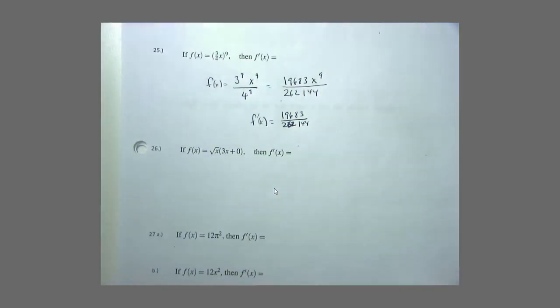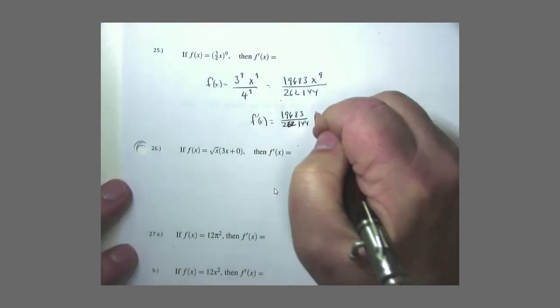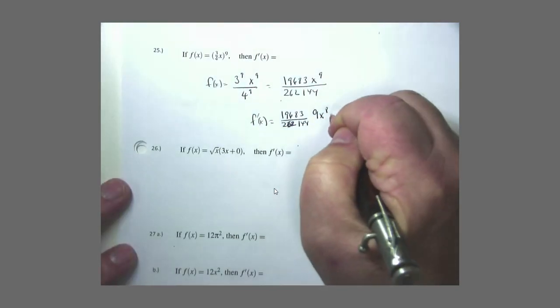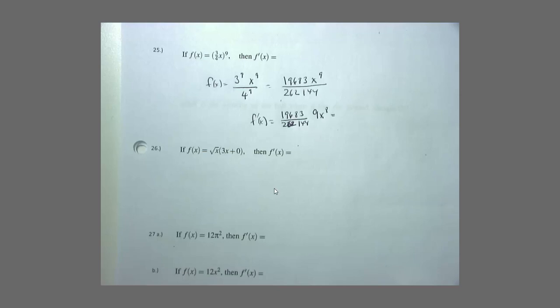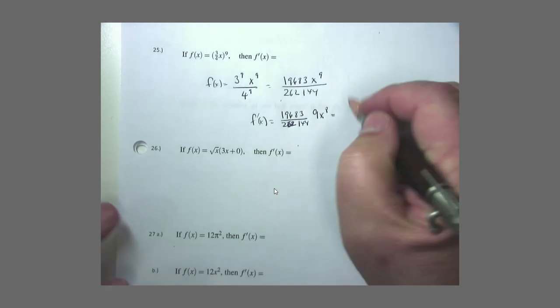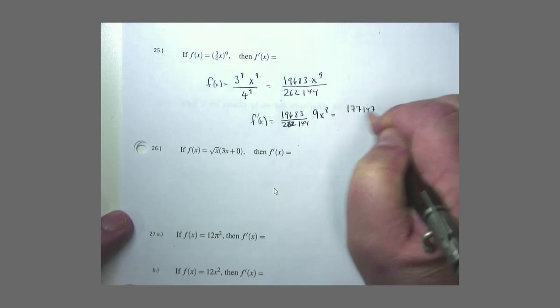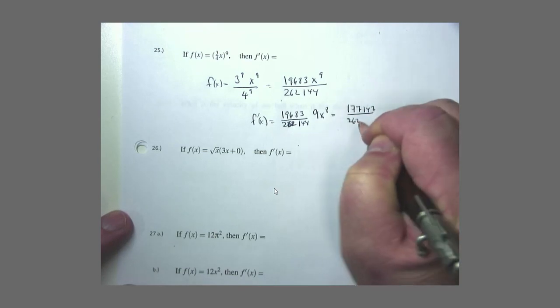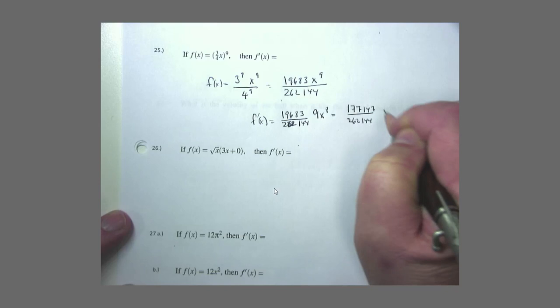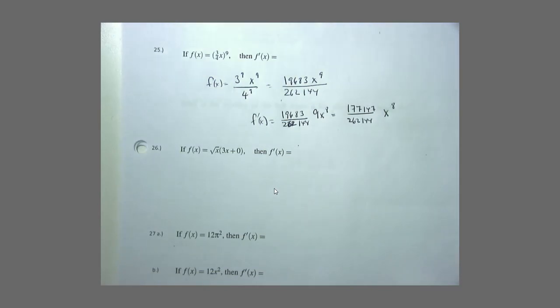Constant holds over. What's the derivative of x to the 9th? 9x to the 8th. So I can clean that up and multiply the 19,683 times 9, and I end up getting the answer 177,147 divided by 262,144, times x to the 8th. Does that make sense? Clean it up first.